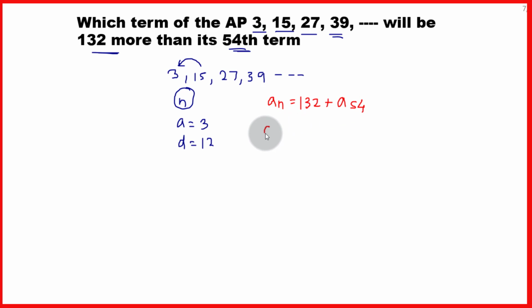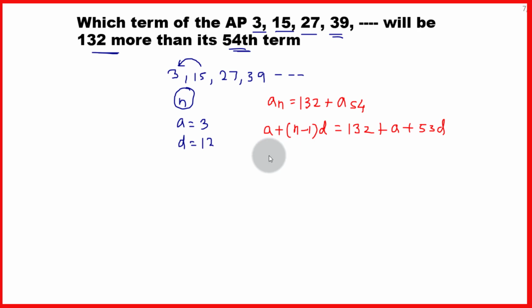And so A n we can write as A plus, in brackets, n minus 1 into D, which is equal to 132 plus A 54, that is written as A plus 53D.